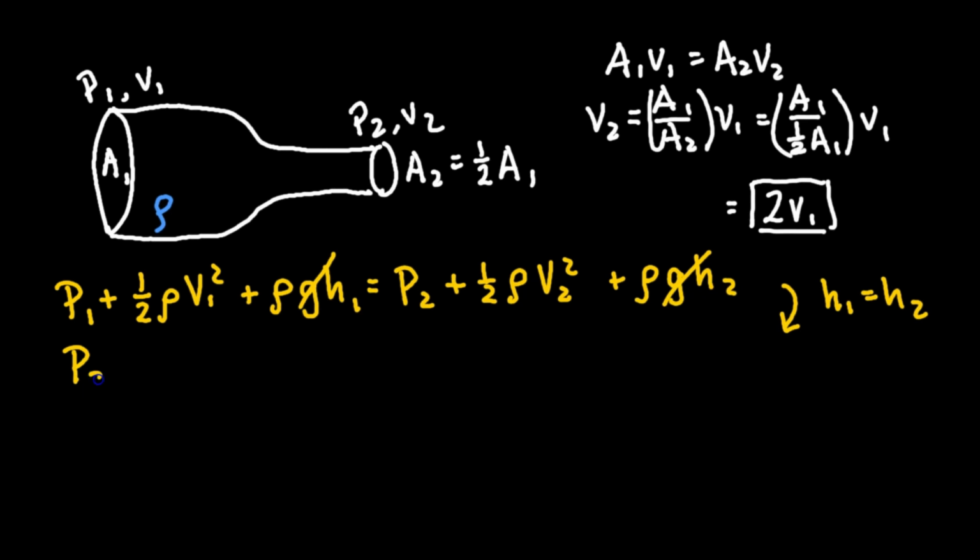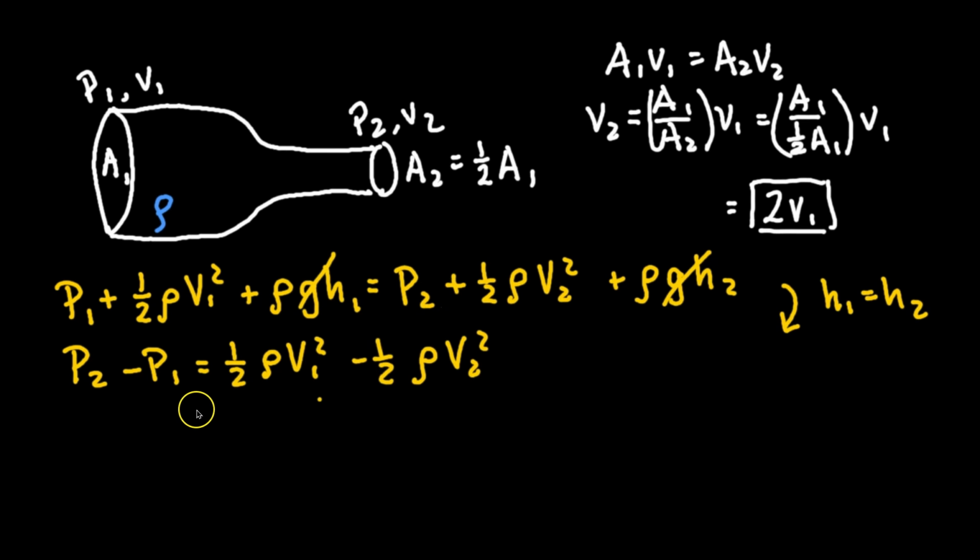We're solving for P2 minus P1, so I want to get P1 on the same side as P2. So I'm going to subtract P1 on both sides, and then I'm going to subtract 1 over 2 rho V2 squared on both sides, and that gives me P2 minus P1 is equal to 1 over 2 rho V1 squared minus 1 over 2 rho V2 squared.